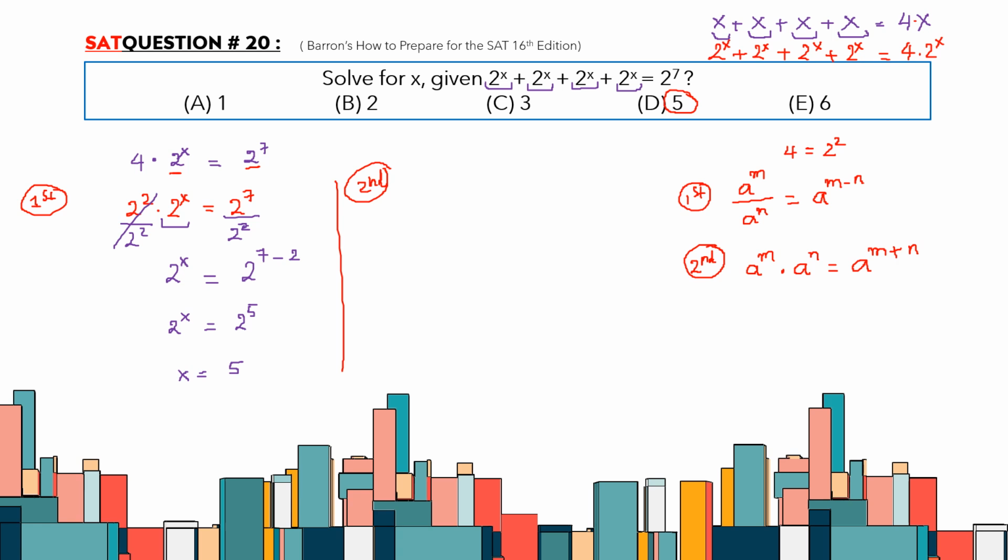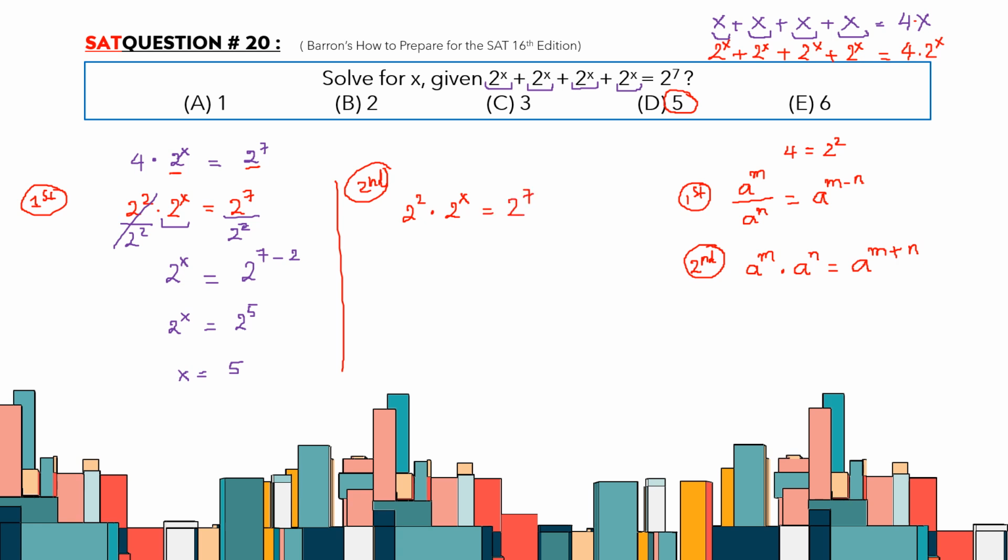So how do we do this? We will rewrite 4 as 2 to the power of 2. We multiply by 2 to the power of x, that equals 2 to the power of 7, right?